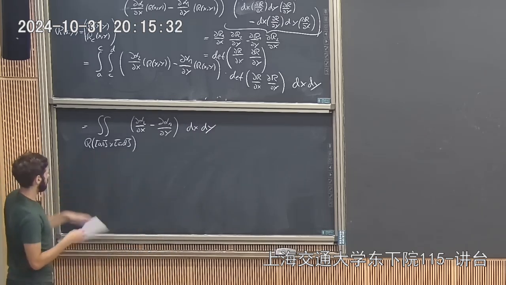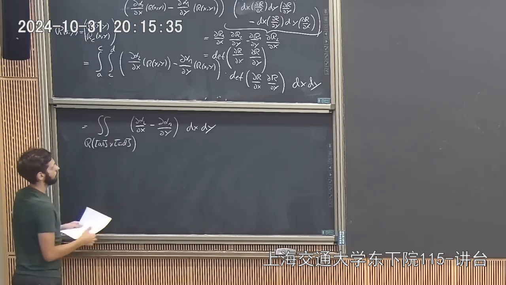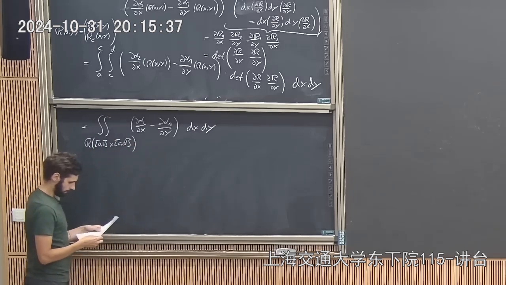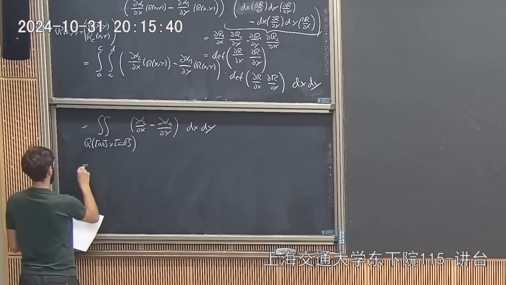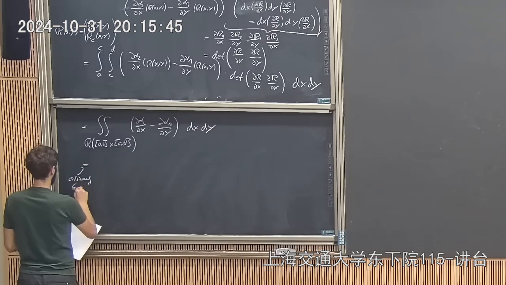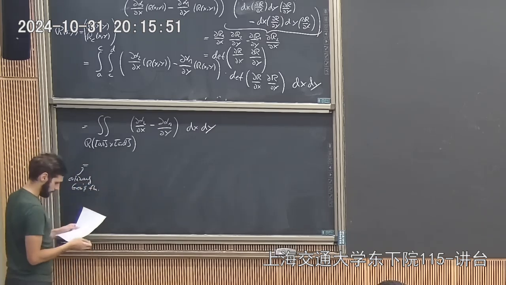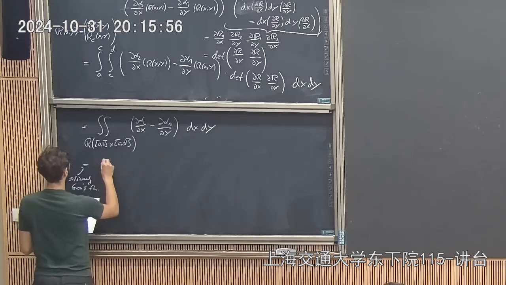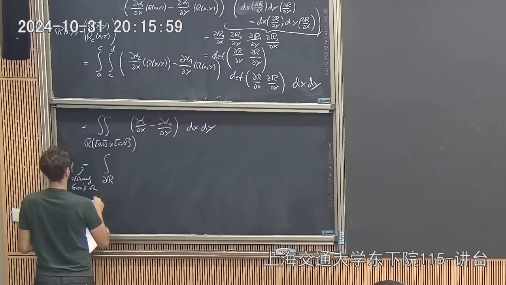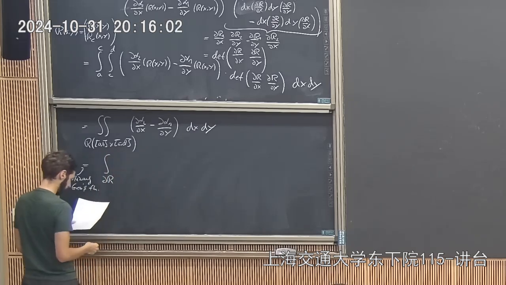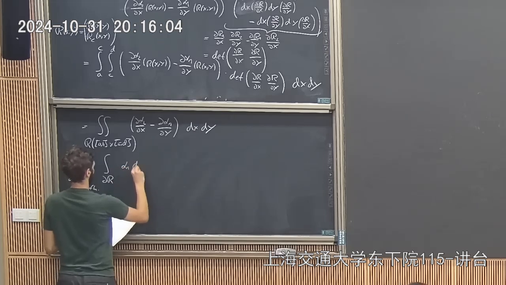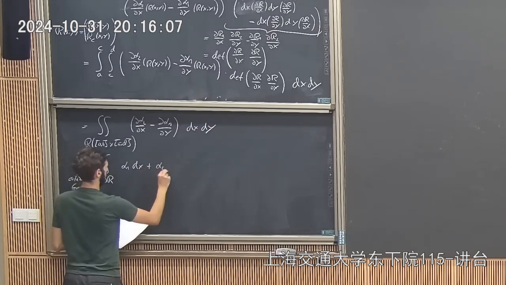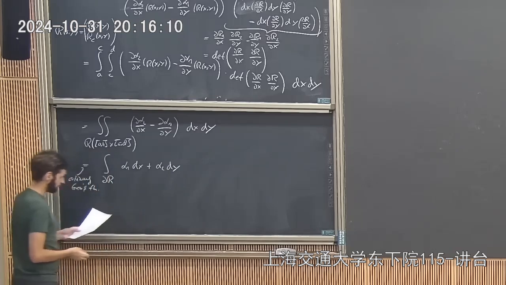You might have seen an integral like this before, and we can calculate it using the ordinary Green's theorem for surface integrals, which was exactly about terms like this, to calculate it as the integral over the boundary of alpha 1 dx plus alpha 2 dy.